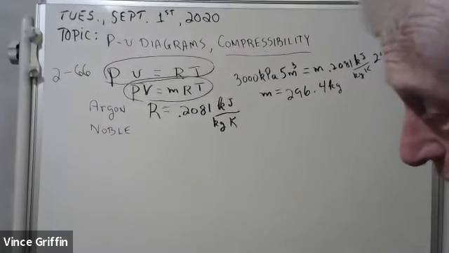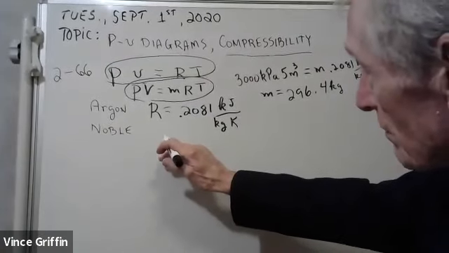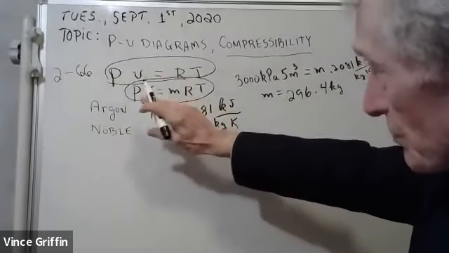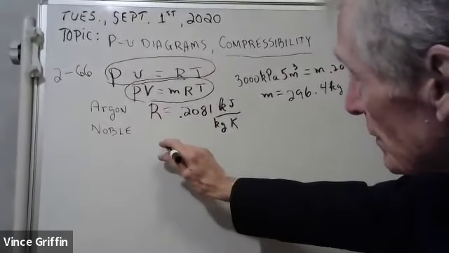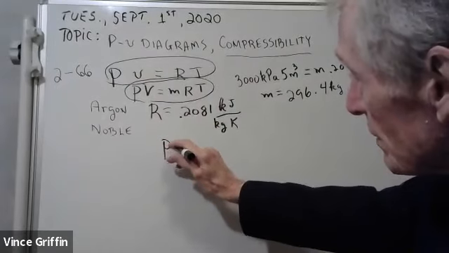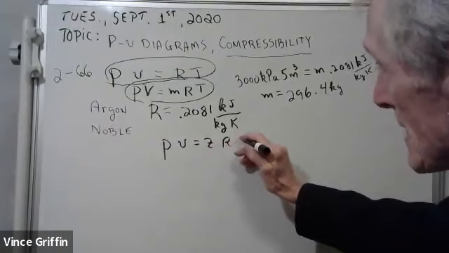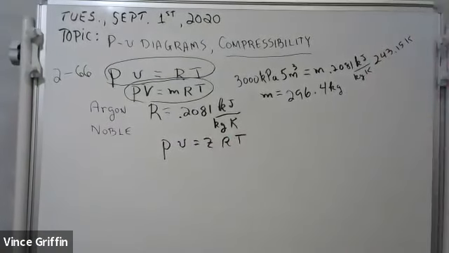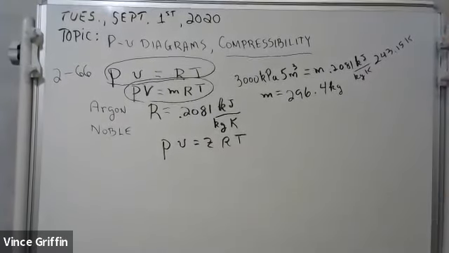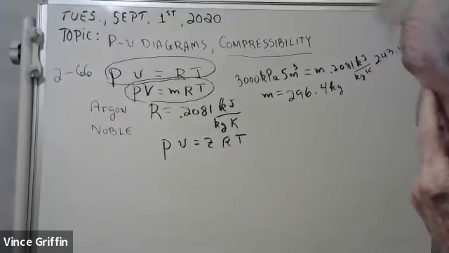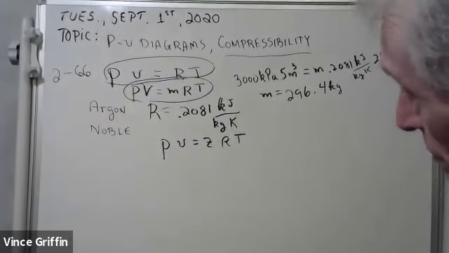Now to do compressibility, we're going to use this equation here. I really prefer this first one, but they're both fine. What it amounts to is the same equation except you've got what they call the compressibility factor, Z, and it usually gives you a slightly more accurate answer.